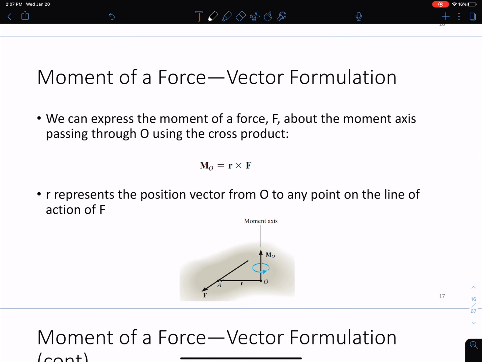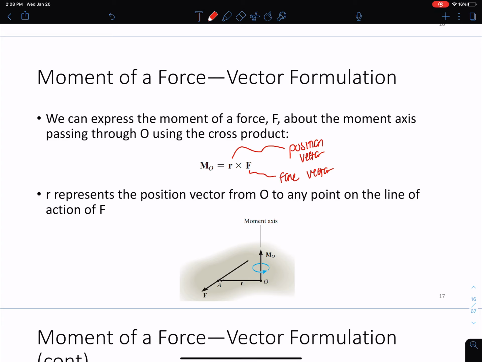Okay, so now the moment of a force in terms of the vector formulation, we can basically express the moment of a force by just using the cross product. So remember, r is our position vector, so we want that perpendicular distance from point O to the line of action of the force. So this is our position vector, r, times the force vector.